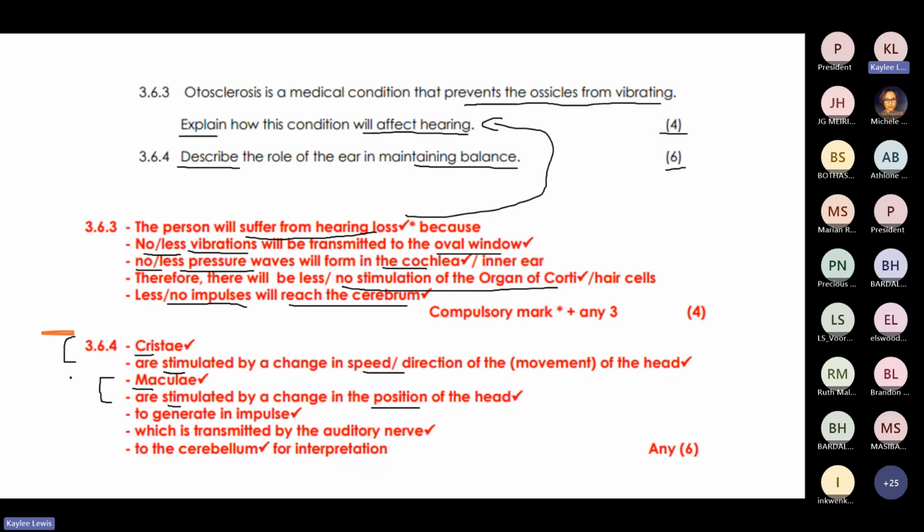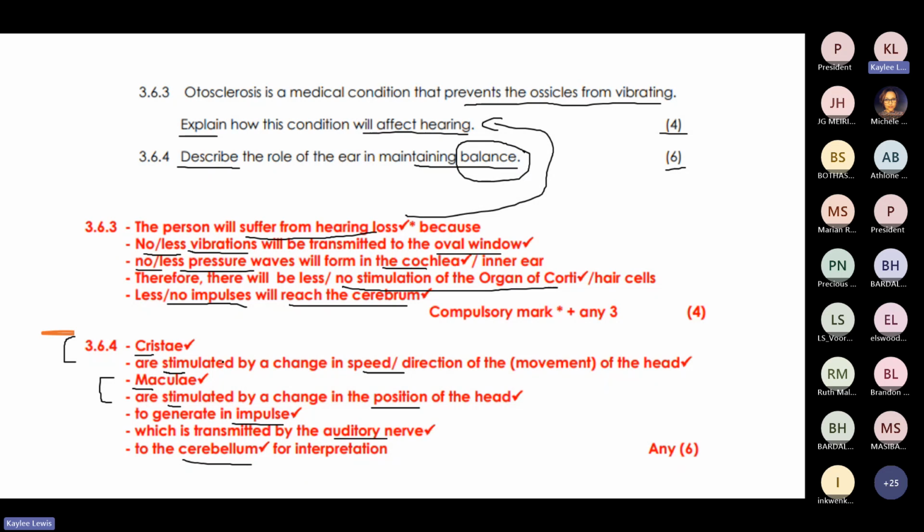Then, because they are receptors, they create an impulse. And then we just need to describe how we maintain balance. Well, that impulse gets transmitted by the auditory nerve, and because it's balanced, it is going to the cerebellum for interpretation. And that then will send the impulse to the muscles to restore balance. So when they give you balance, they're not split in the 2, so you have to talk about both of the receptors.